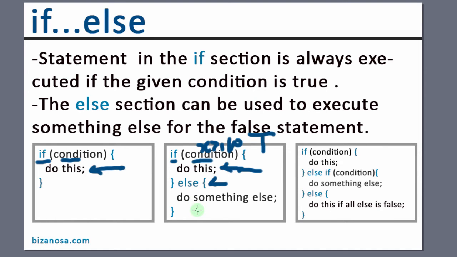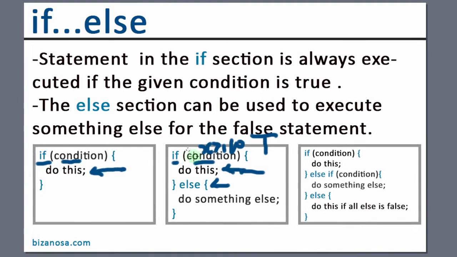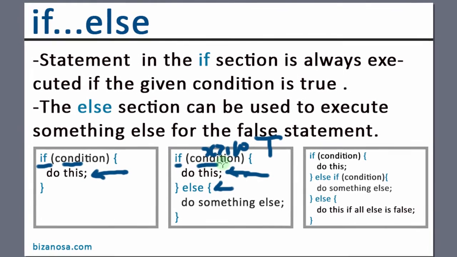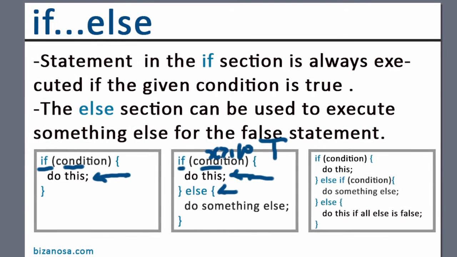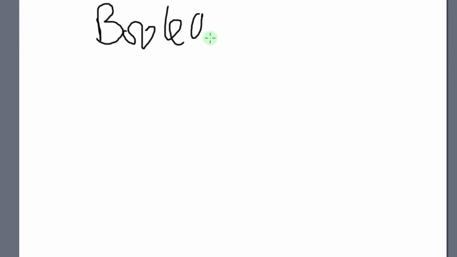Now something else that is important for you to understand about the if-else is the boolean section, because this is fully powered by the boolean, whereby this condition that has been provided here is either true or false. So in the boolean, if you remember in the section about literals, we looked at the boolean literal, and somewhere in the boolean literal we spoke about falsy values. Now what are falsy values?